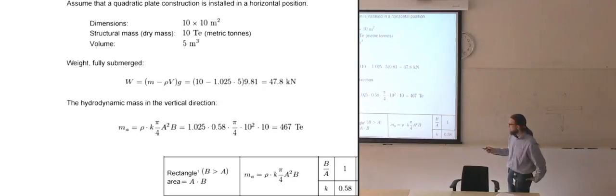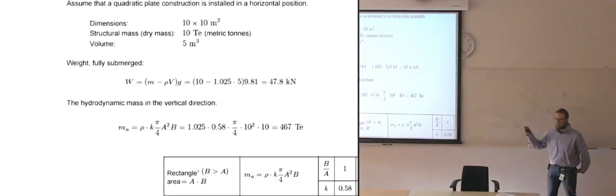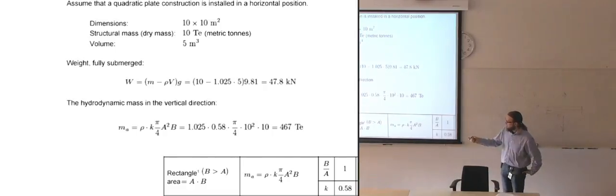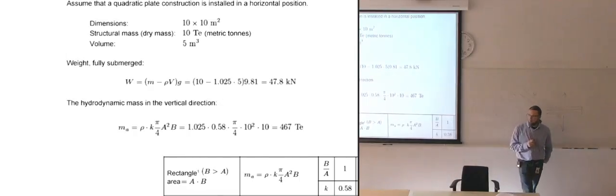This is an excerpt from the table that we looked at earlier, where we are using a rectangle, but we are also saying that B is equal to A, so that we get the 1 value here. B divided by A equals 1. So we can use K equals 0.58.